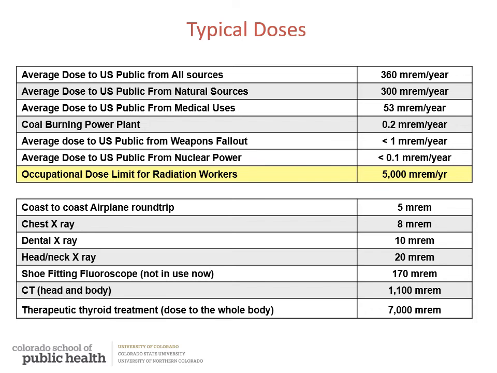I'll show you an example of a fluoroscope in a minute, but these are things that were used at one point. But note the occupational dose limit in yellow here for radiation workers is typically 5,000 millirem per year. So you can see that most typical exposures are a whole lot less than the occupational exposure limit.